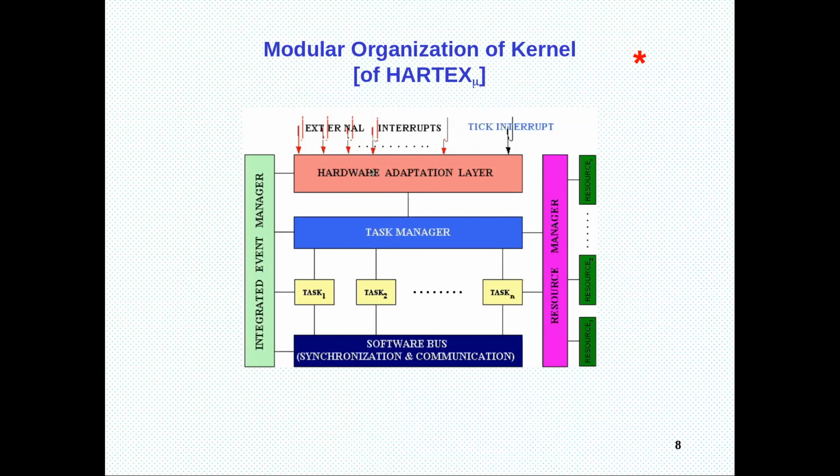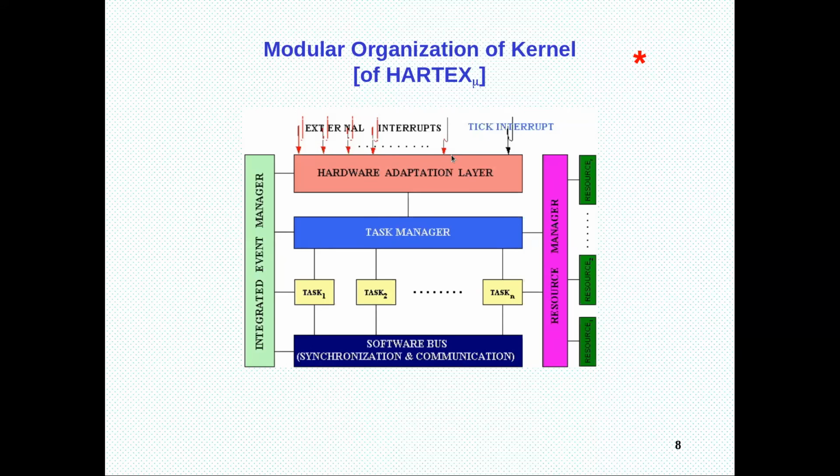At the bottom, talking to the hardware, is the hardware adaptation layer, which provides primitives that could be used by the task manager, which schedules various user tasks, system tasks or hybrid ones. The task manager also talks with the resource manager, which in turn manages the resources. The interaction between the tasks, event manager and resource manager is accomplished with this software bus.